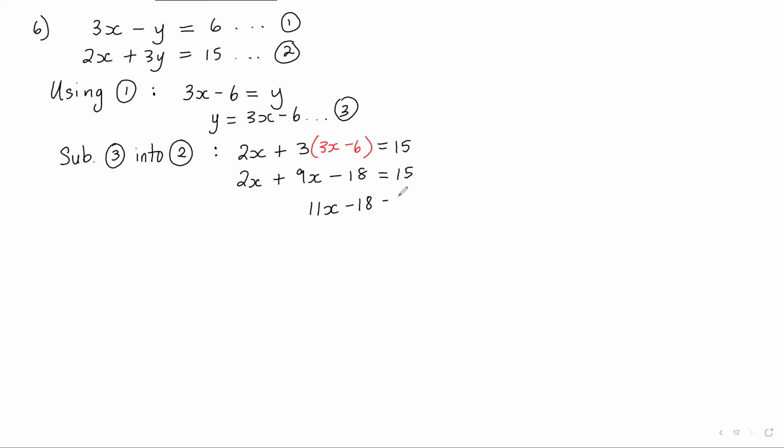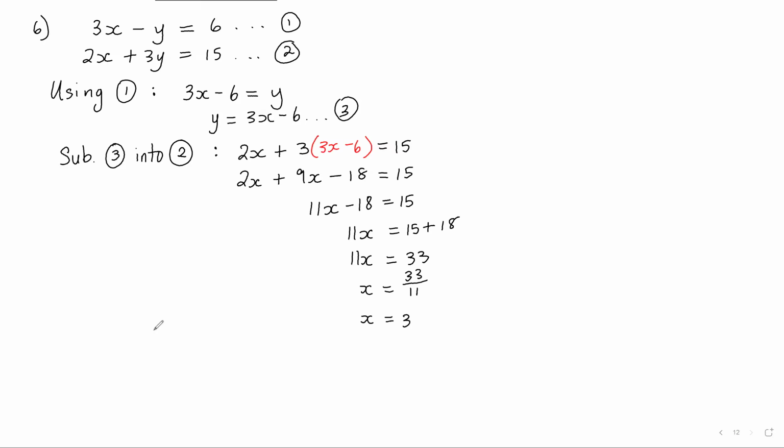Minus 18 is equal to 15. So then 11x is equal to 15 plus 18. What is 15 plus 18? 33. So then 11x is equal to 33. So x is equal to 33 divided by 11, which means that x is equal to 3.